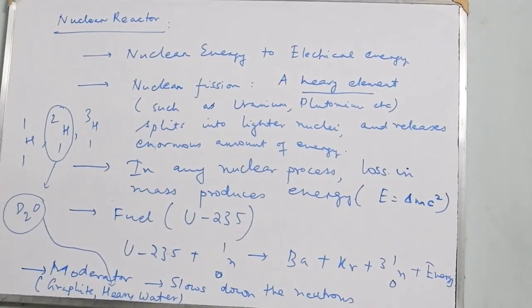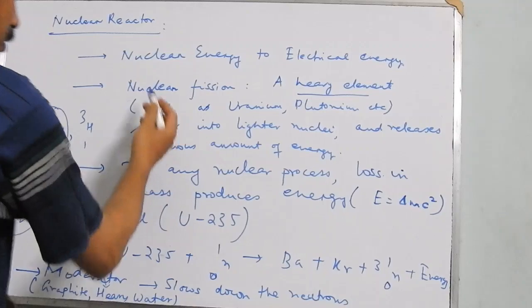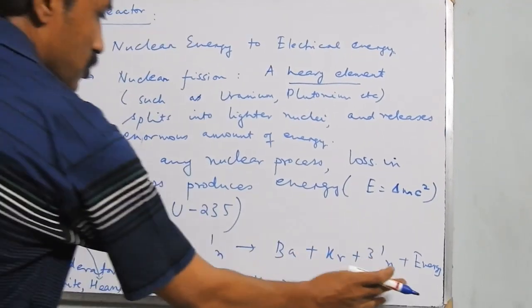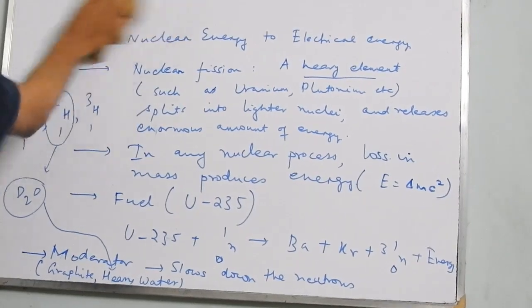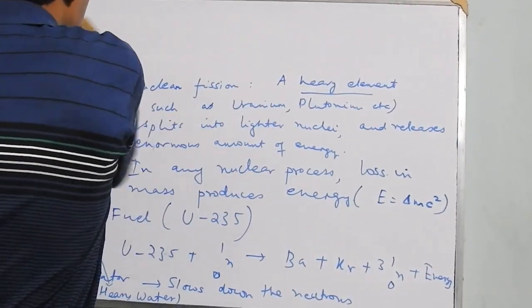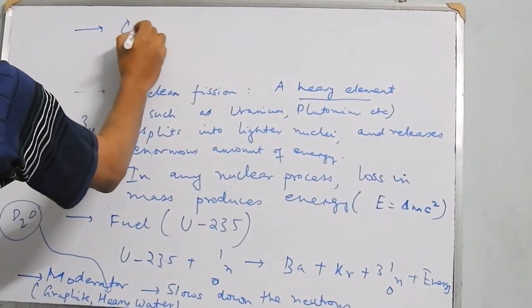And in order to absorb the neutrons, that means at every stage of the fission reaction, 2 neutrons have to be absorbed, as per this example. So in order to absorb the neutrons, control rods are used. So another important part is the control rod.